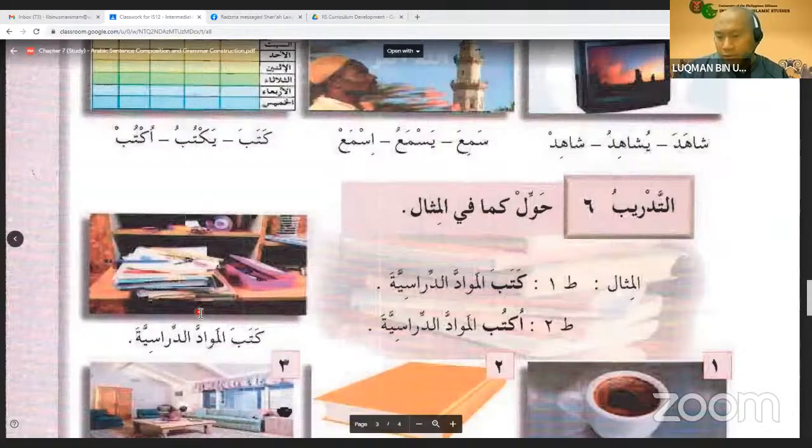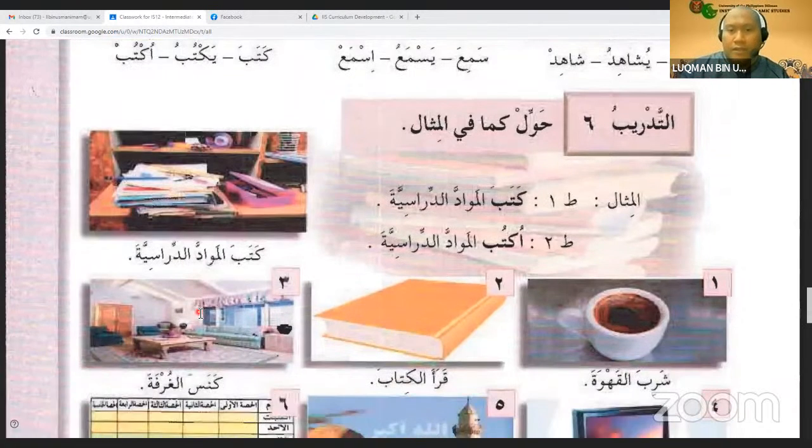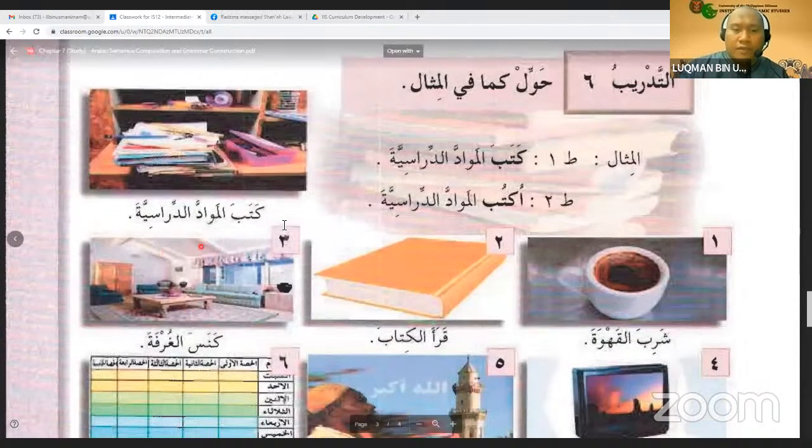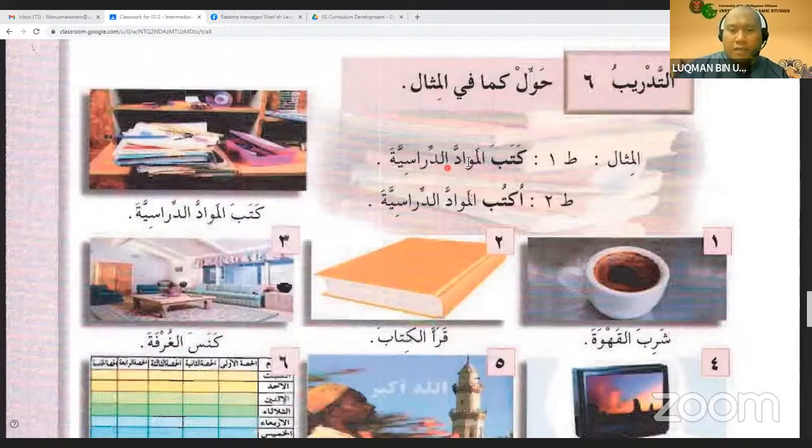Then the last exercise is again transform like in the example. So the example is كتب المواد الدراسية. He wrote the class subjects. So you transform this from perfect tense to imperative tense. So from perfect tense, the action was already perfected.